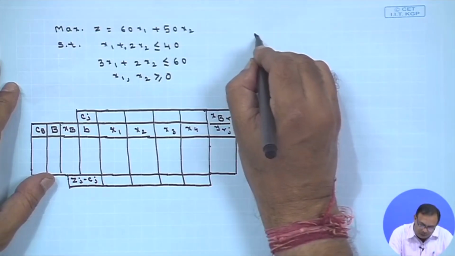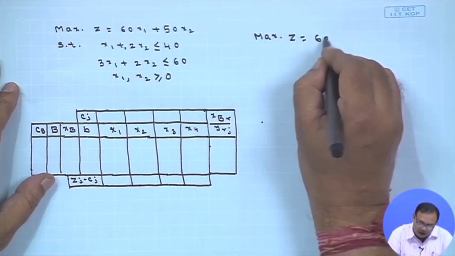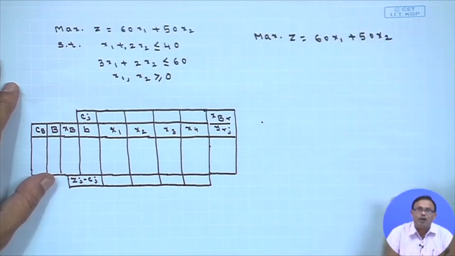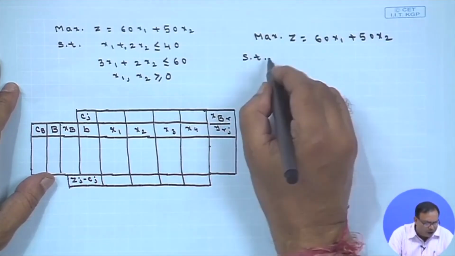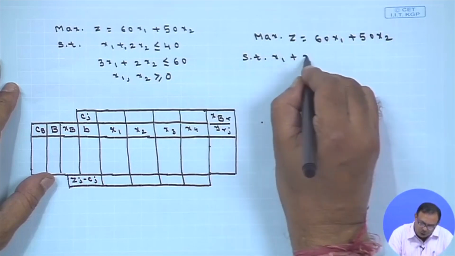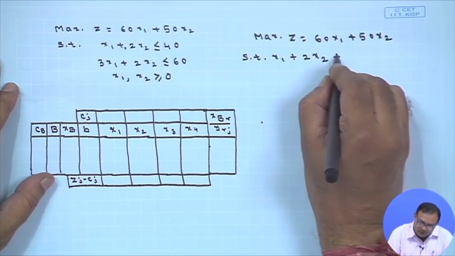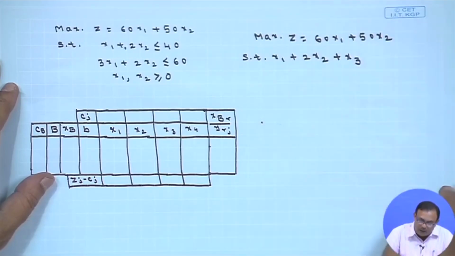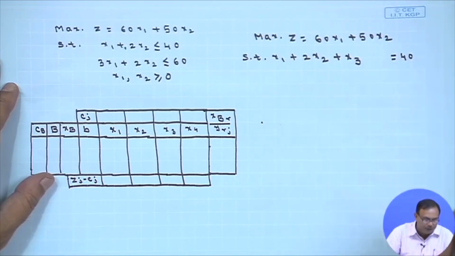So, your problem in standard form I can write as maximize z equals 60 x1 plus 50 x2 subject to x1 plus 2 x2 plus x3, because this is your slack variable, equals 40.